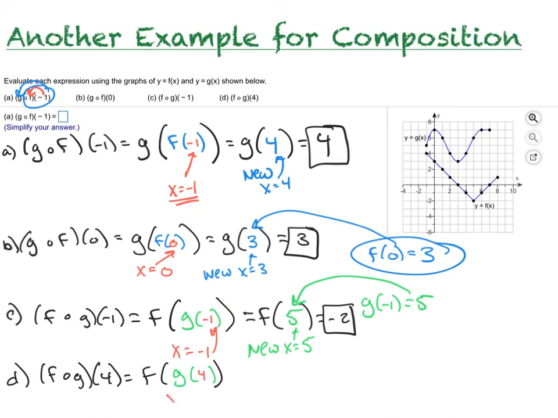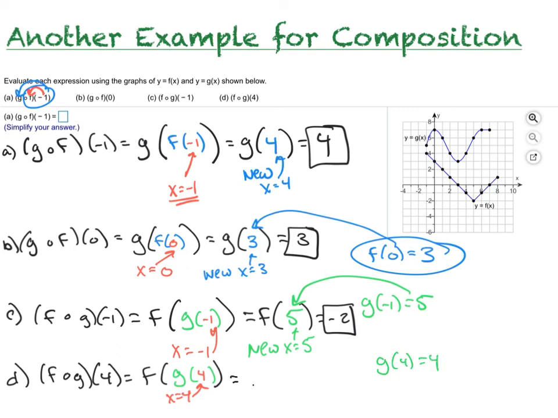So now our x value is 4. And we're looking to see what g gives us at x equals 4. So 1, 2, 3, 4. Don't want to fall for that again. Not going down to f. I want to go up to g. g is 4. So g of 4 is 4.